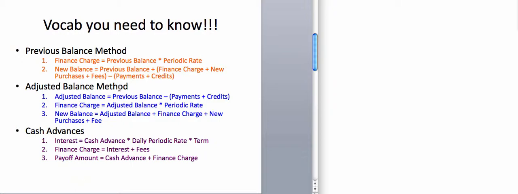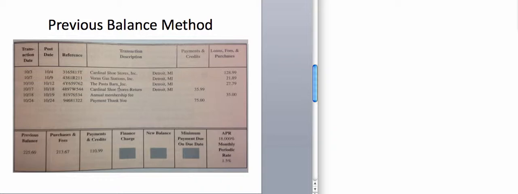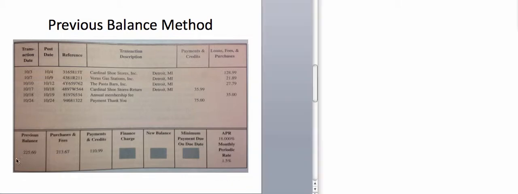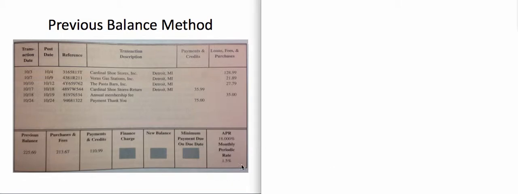Okay, so the first thing here is the previous balance method. Everything that we need to know for the previous balance method shows up on the bottom of our statement, and this is an example from your book. When we're doing the previous balance method, the first thing we always need to find is our finance charge. Our finance charge is the previous balance, in this case 225.60, found in the bottom left hand corner, multiplied by the periodic rate, which is the monthly periodic rate.